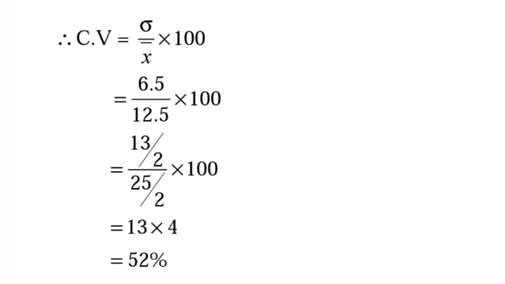That equals 13 by 2, change to the reciprocal value, that equals 2 by 25 into 100. Okay, 2 is cancelled, 25 fours are 100. Yes, that is remaining 13 into 4. Then the answer is 13 into 4, that is 52. That is CV equal to 52 percentage. Can you understand?